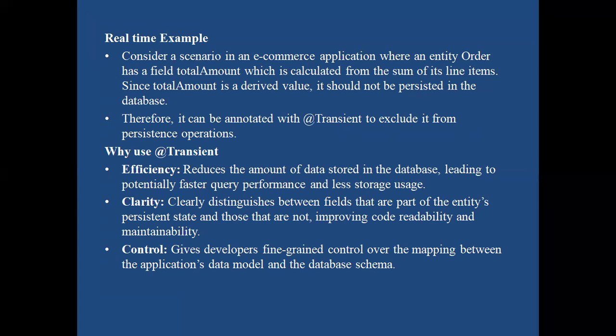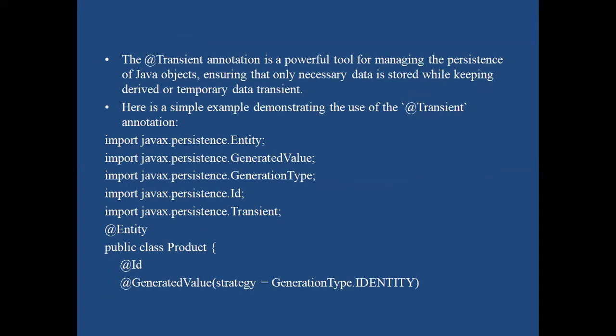Control gives the developer fine-grained control over the mapping between the application data model and the database schema. The @Transient annotation is a powerful tool for managing the persistence of Java objects, ensuring that only the necessary data is stored while keeping derived or temporary data out.